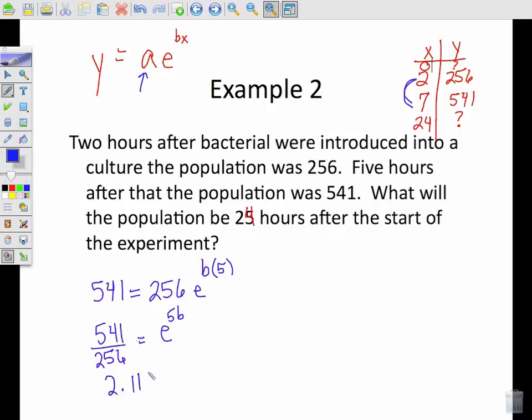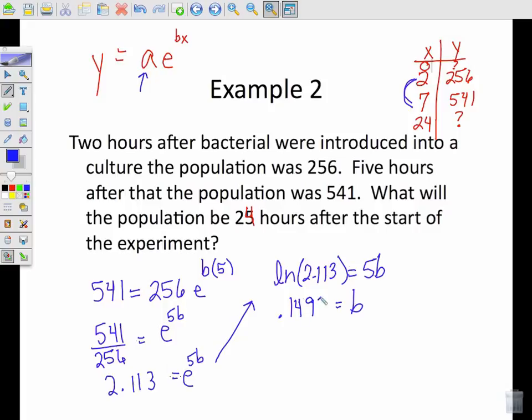As I continue to solve this, it's going to be 2.113 equals e to the 5b. That looks like natural log of 2.113 equals 5b. And you're going to divide and find your b value, and your b value equals 0.1496.